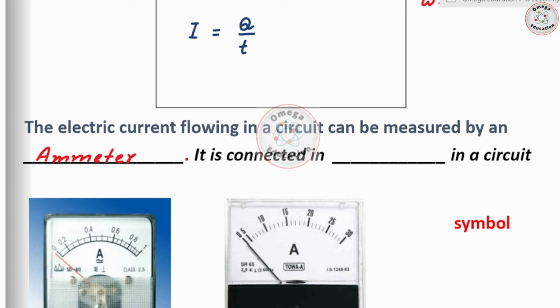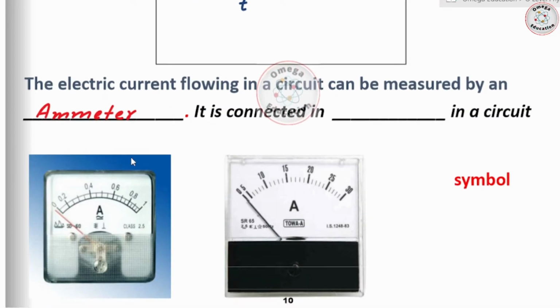These days, we don't generally have an ammeter explicitly in science labs. We generally have another tool called a multimeter. A multimeter consists of an ammeter as well. It is multi-operational. You can measure a lot of things with it, 3 things primarily, and current is one of them. But what is the tool that is used to measure current only? Ammeter.